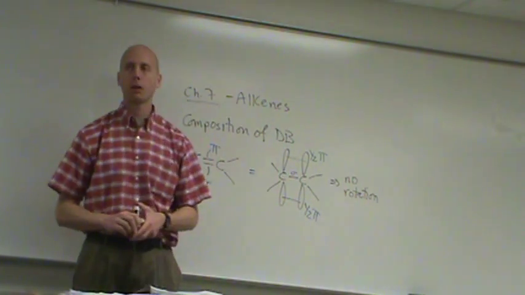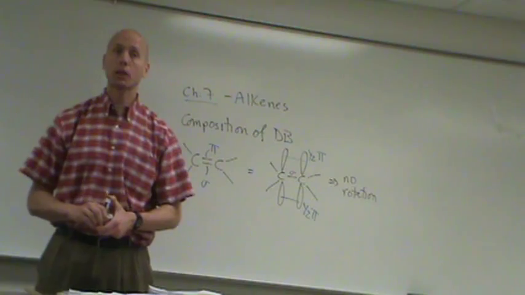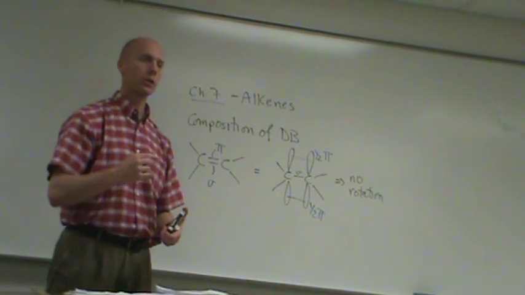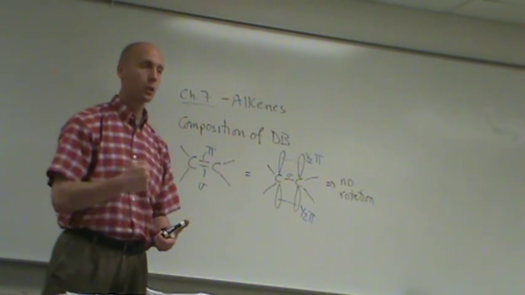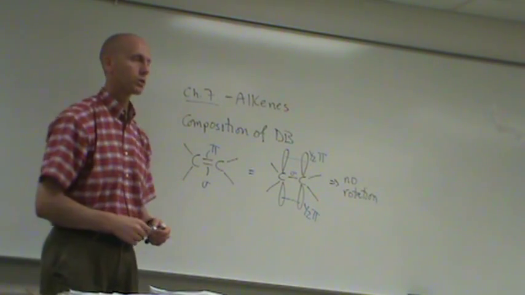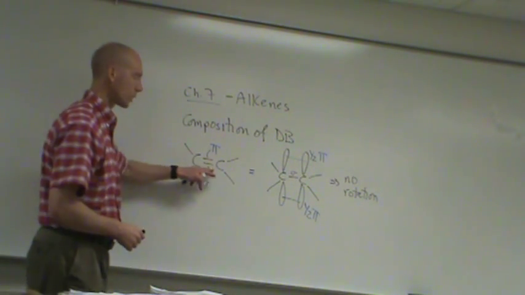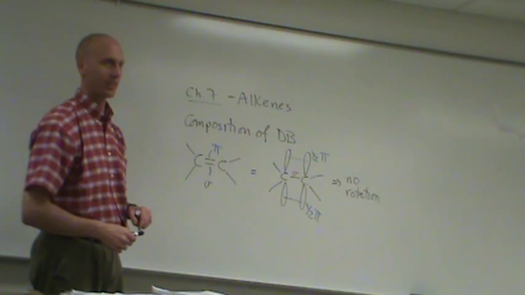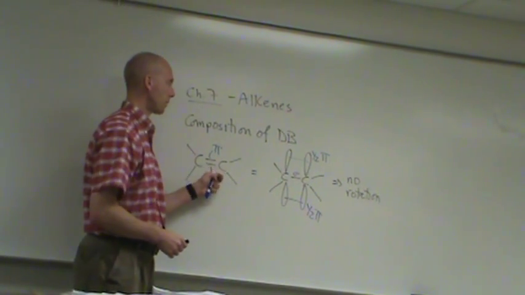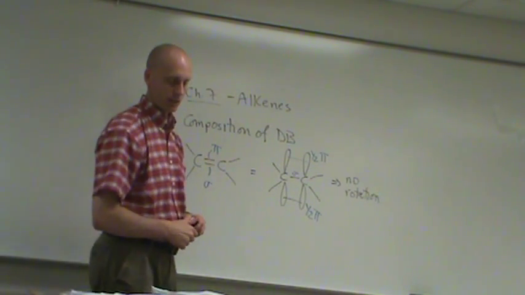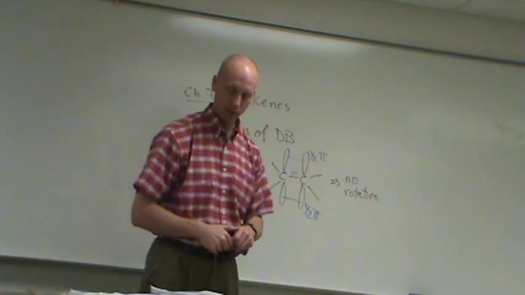When you had a single bond, you could rotate, couldn't you? And so we set up what? The Newman projections. Remember those? But there's no Newman projections for these. So once you have a double bond, it's locked into place.